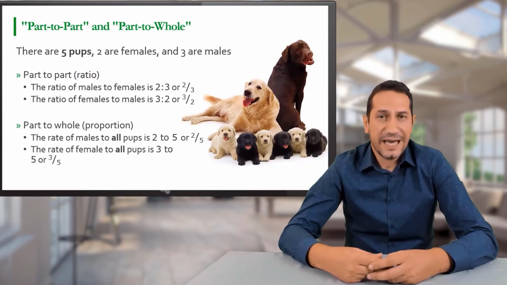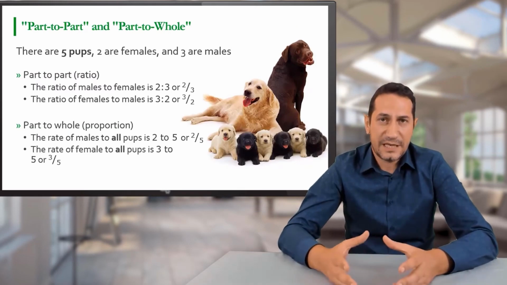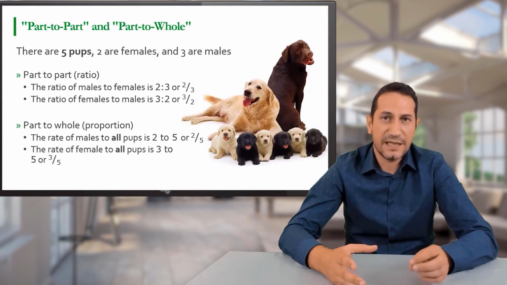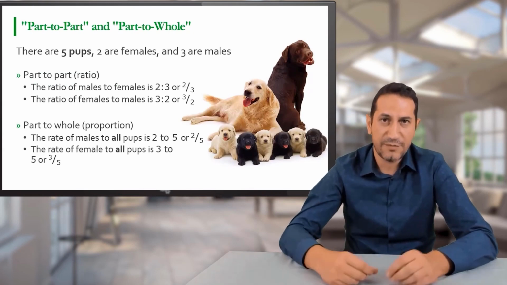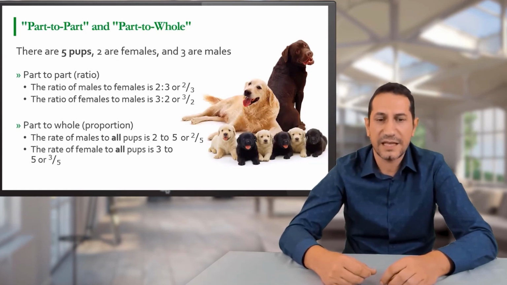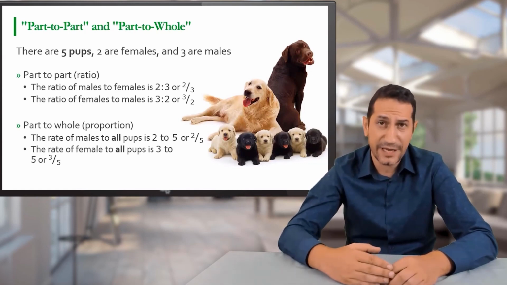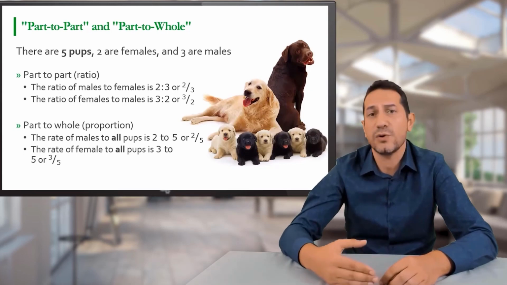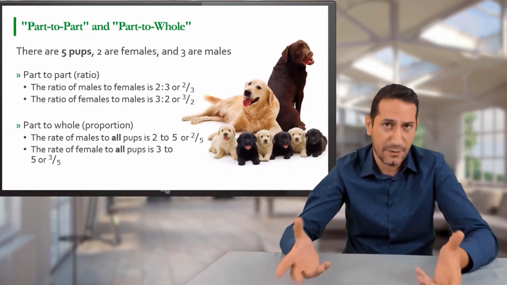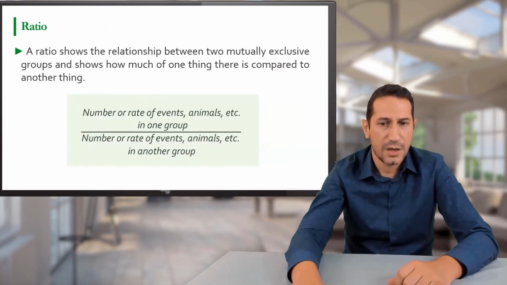But if we take the whole puppies as a population, and then we compare a part of it, let's say the males, to the total population of puppies, we would say 2 to 5 or 3 to 5. That's still technically a ratio, but it's a proportional ratio. So it's a proportion in our definitions.